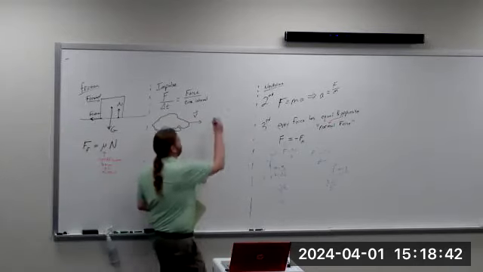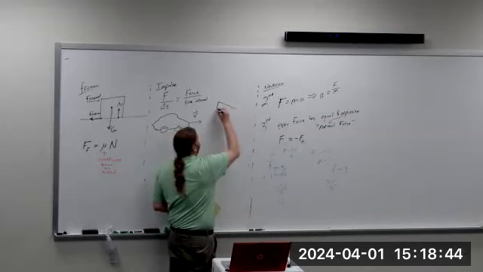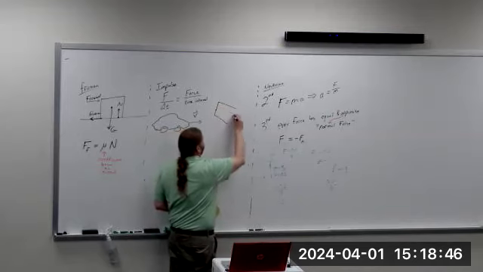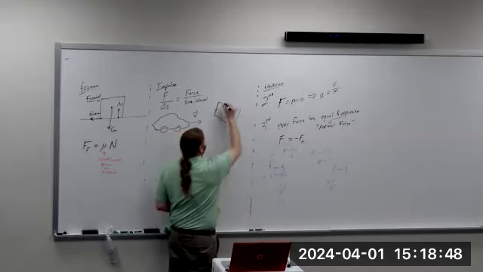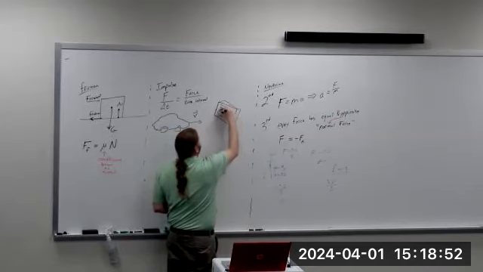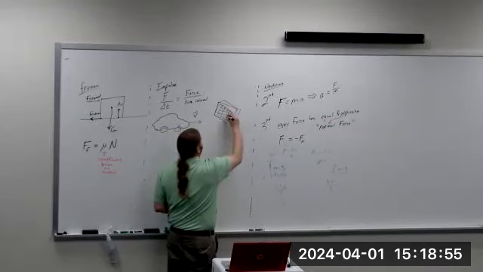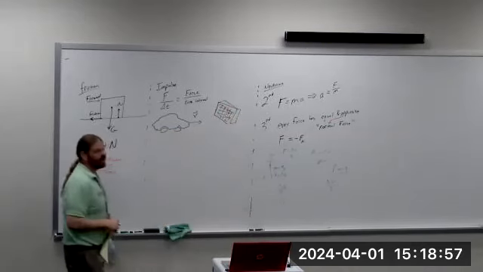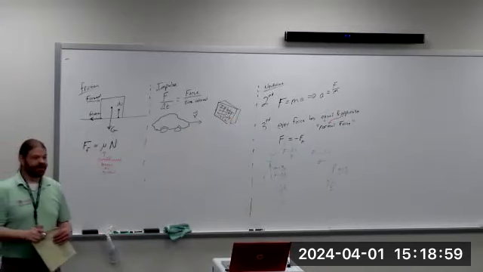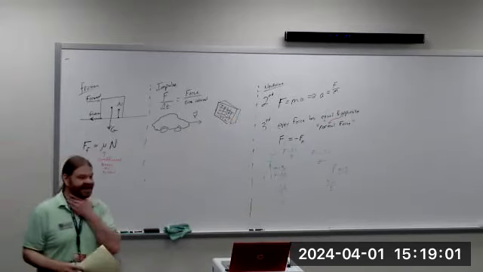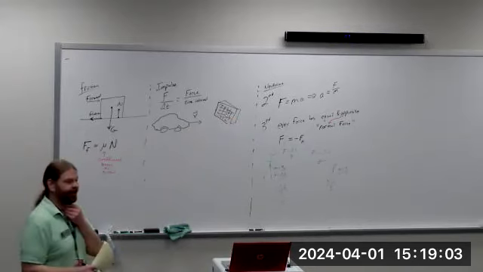Two ways we could stop that car, or we could hit a brick wall. That'll stop the car, right? Bring the car from whatever its velocity is, say 60 miles per hour, to zero really, really quick.